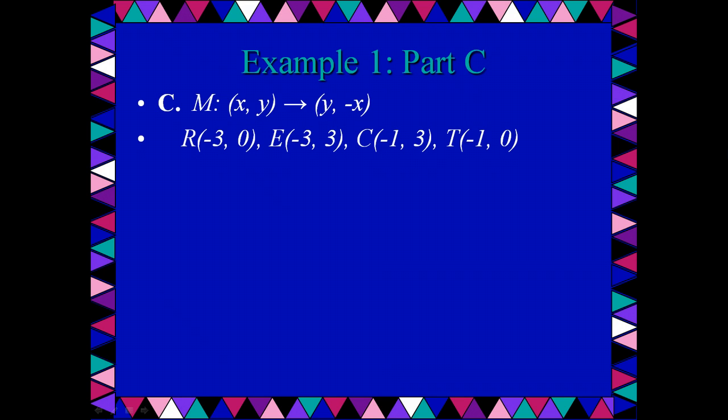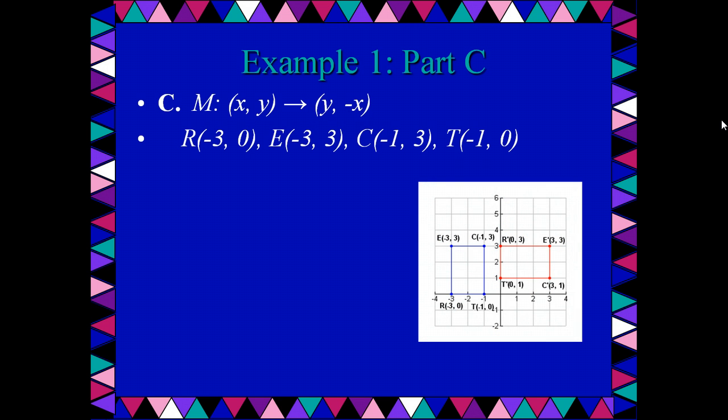Part C, we are asked to map (x, y) onto (y, negative x). And we start with R at (negative 3, 0), E at (negative 3, 3), C at (negative 1, 3), and T at (negative 1, 0). Let's look at the picture.